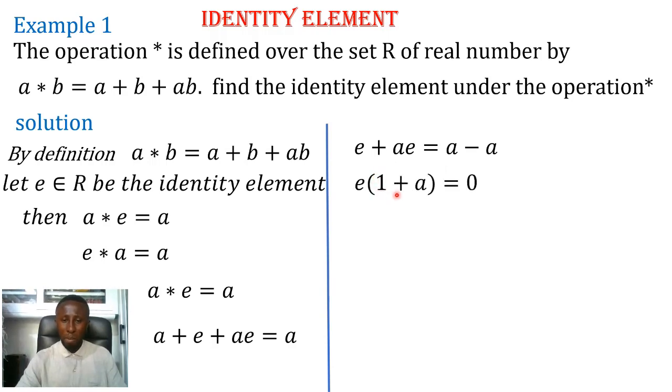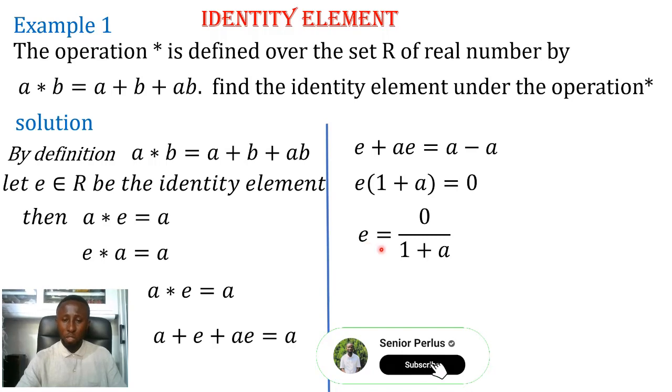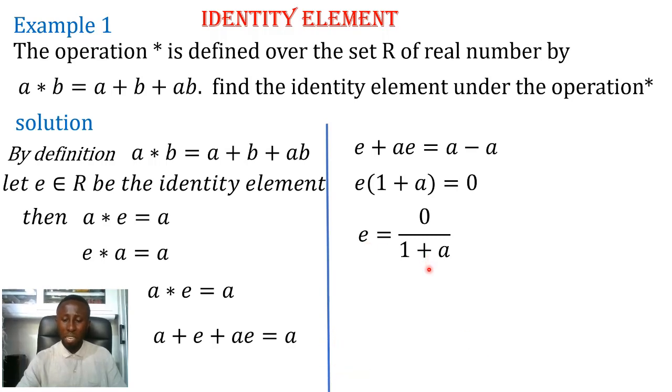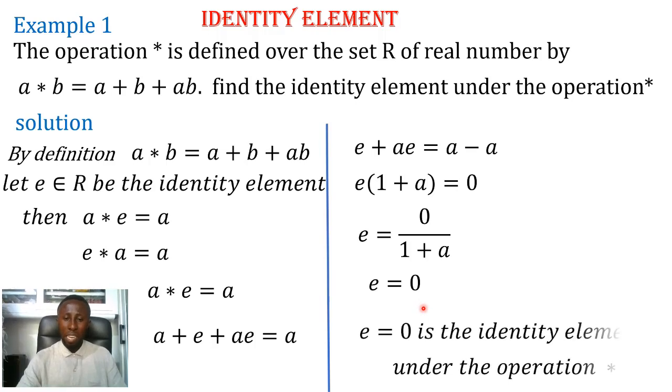We get E times (1 plus a) equals 0. Using basic algebra, we divide both sides by 1 plus a, and this is what we get. Therefore E is 0. So our identity element here is 0 under the operation star. As easy as that. Let's solve the next example.